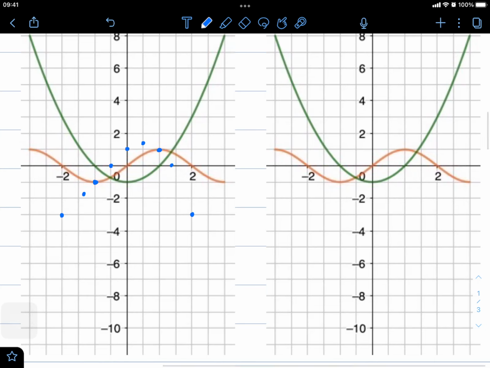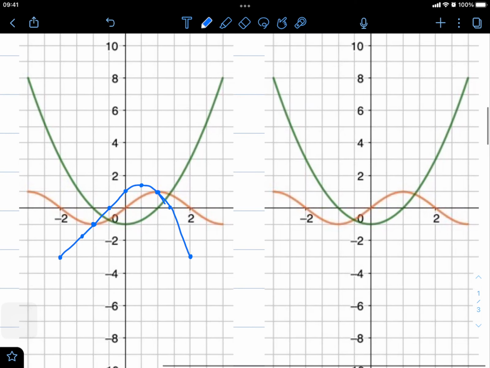It looks to be something like that. Now, what it will be here, because now take a look, it's negative minus more negative.